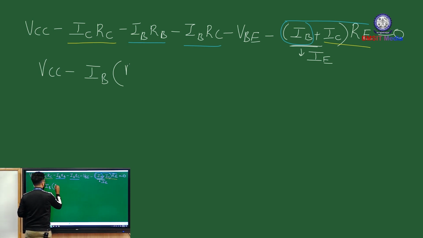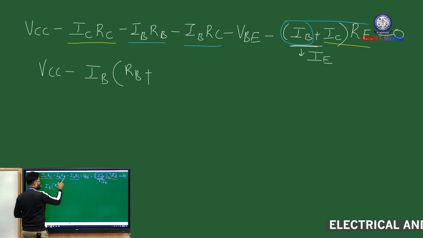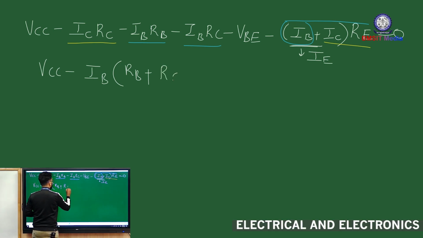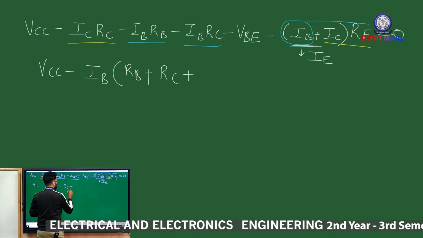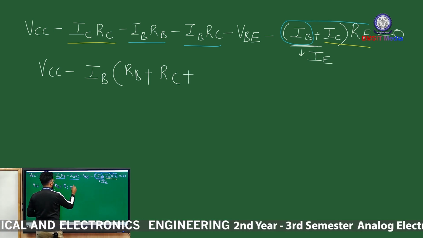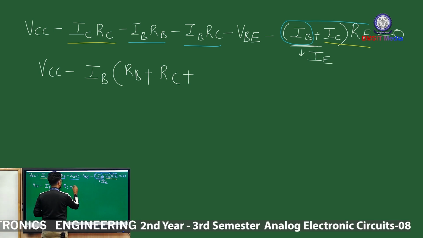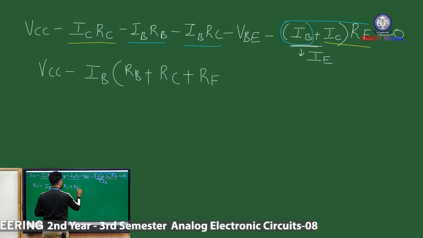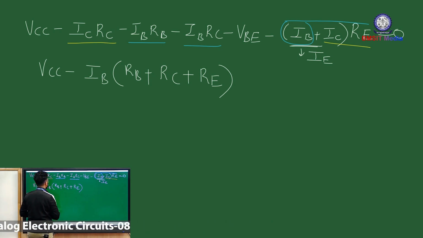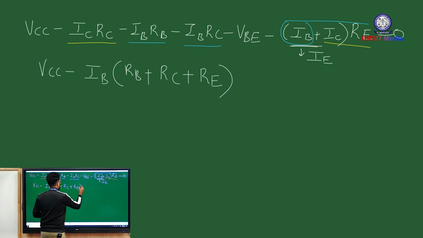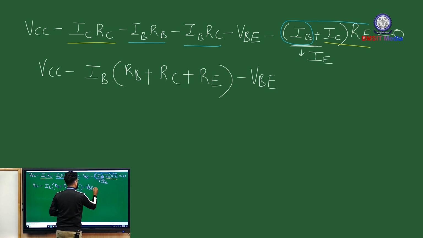We have RB plus RC, right? RB plus RC plus RE, minus VBE, minus.